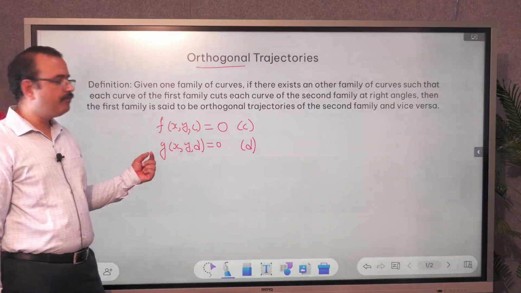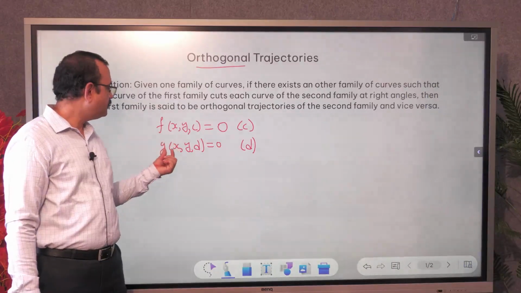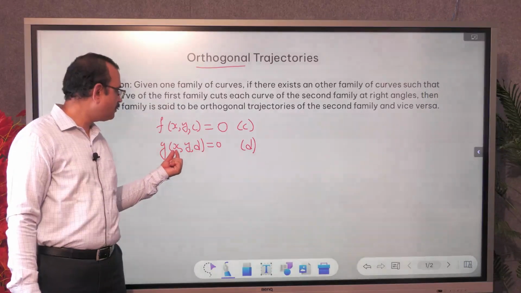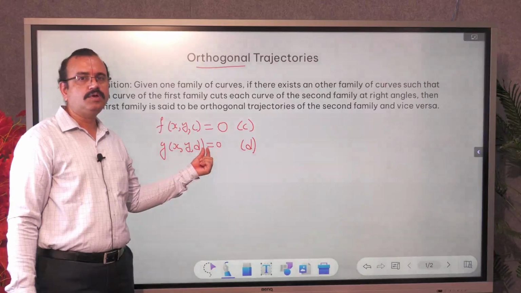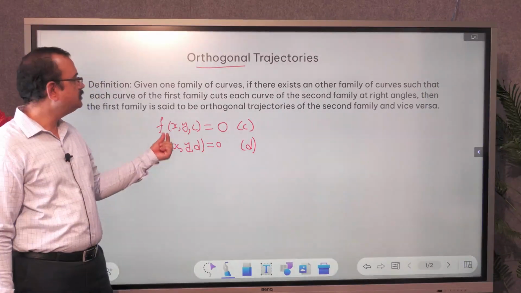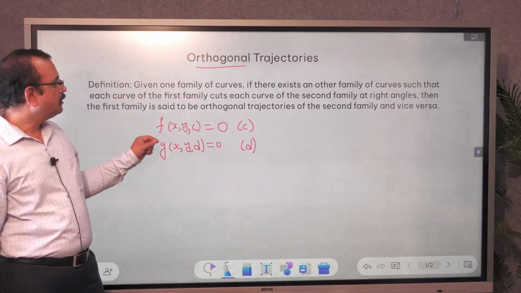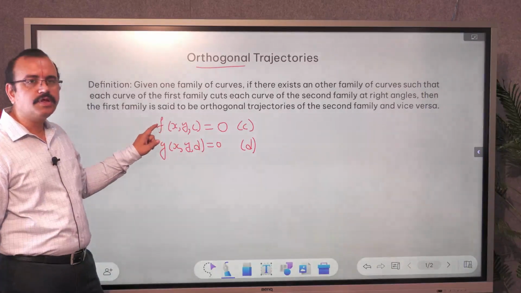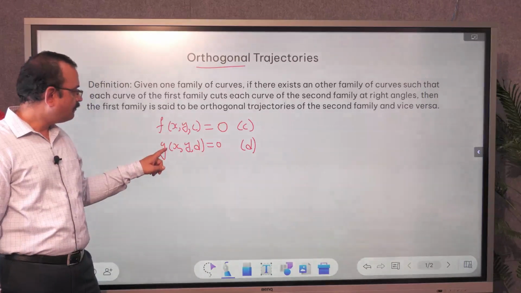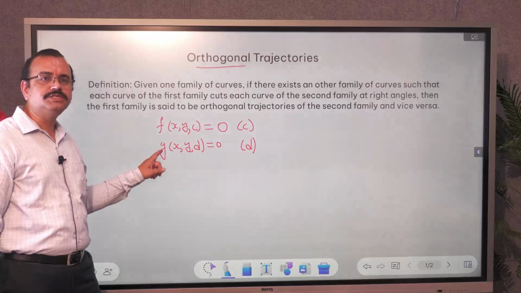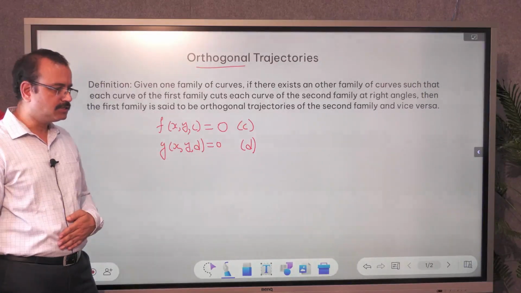If each and every curve of the first family f intersects each and every curve of the second family g at right angles, then we say that f and g are orthogonal trajectories. Let me say it once again: if each and every curve of f is intersected perpendicularly, or orthogonally, by each and every curve of g, then f and g are orthogonal trajectories.